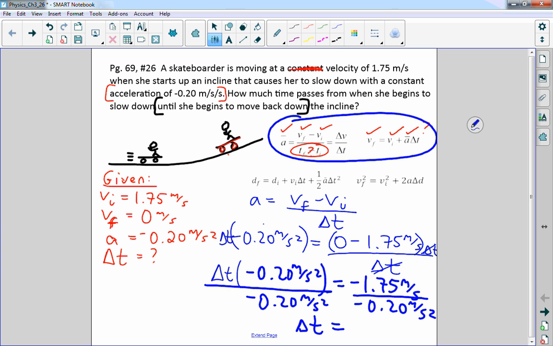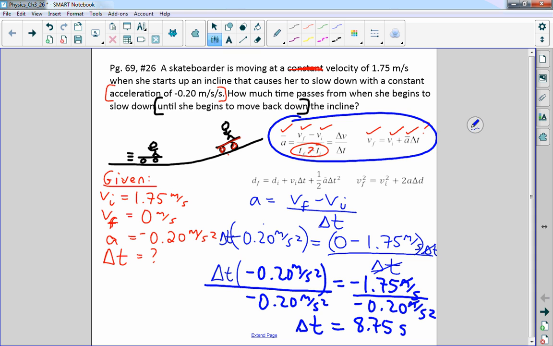Okay, so then I end up getting 8.75. Watch the units here. I'm going to cancel the m's, and then one of the seconds cancels, and notice I have seconds in the denominator and seconds squared in the numerator because of this fraction situation. Then I check sig figs.